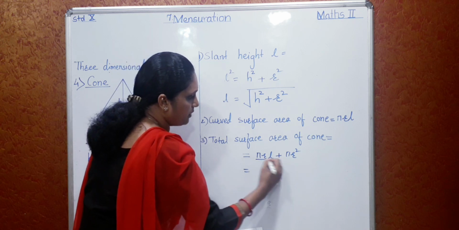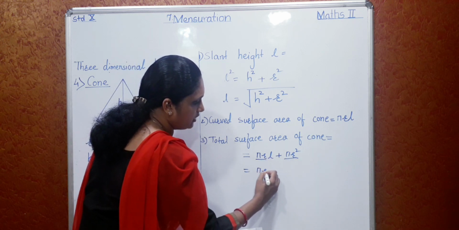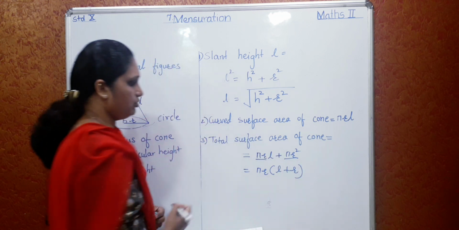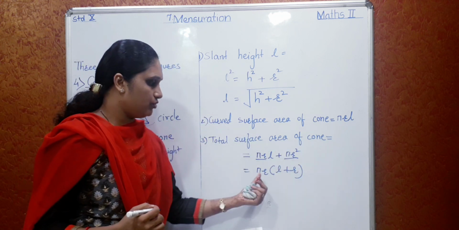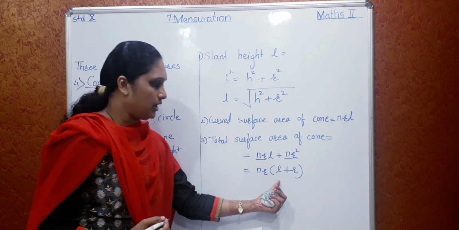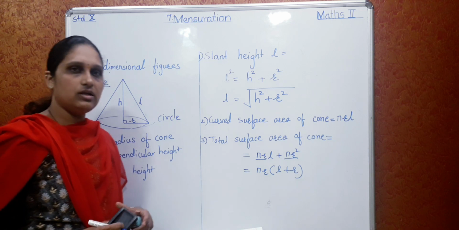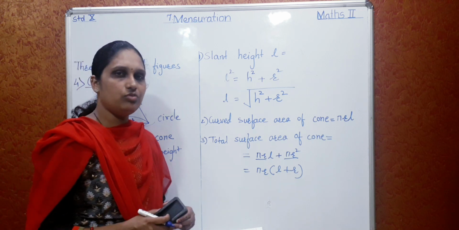Now if you observe, pi r is common on both sides, so we'll take it common, remaining L plus r. So total surface area of cone will be pi r in bracket L plus r. Now let's see the next formula, which is volume of cone.